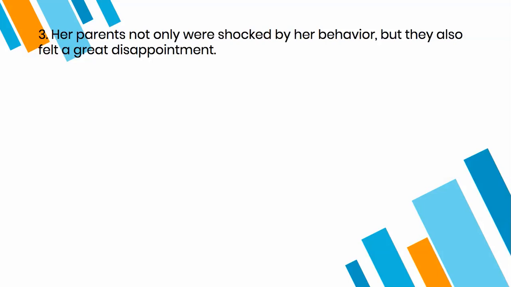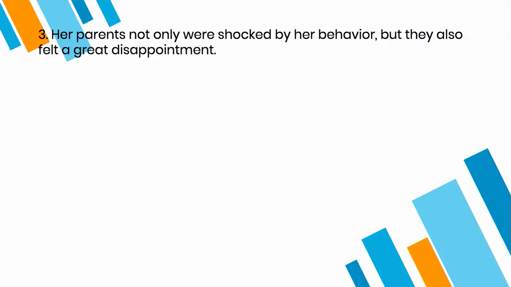Number 3: Her parents not only were shocked by her behavior, but they also felt a great disappointment. Here I've actually used correlative conjunctions. And once again, if you're not sure what that means, the conjunctions video outlines that for you. When I use correlative conjunctions, you have to have parallel structure. That's not going to work here because I have "were shocked," which is a passive voice verb, and then I have "felt disappointment," which is a linking verb.